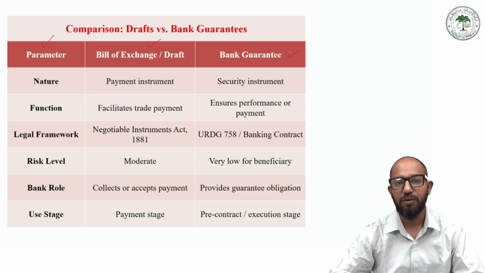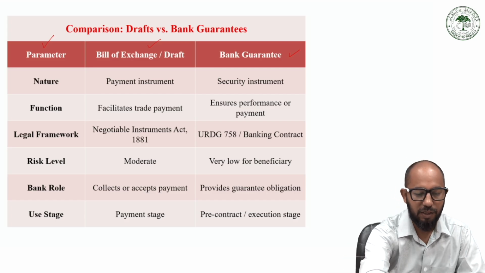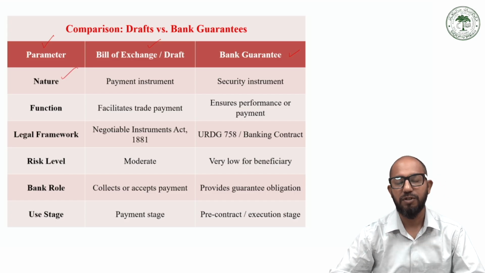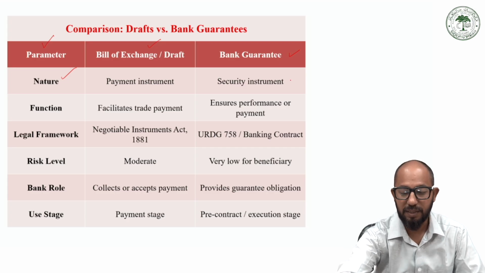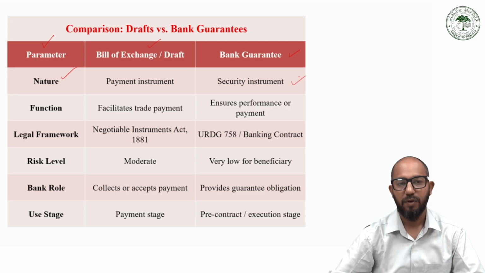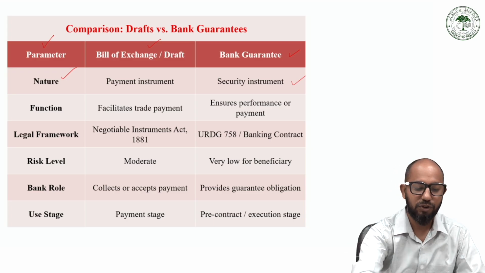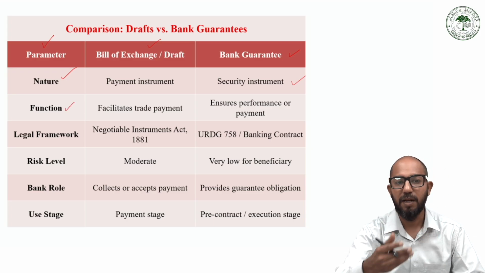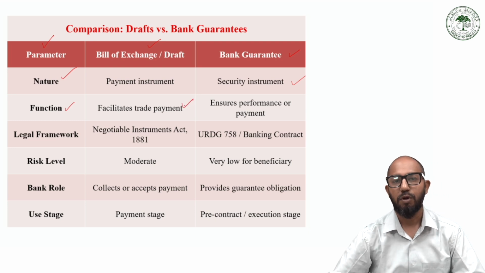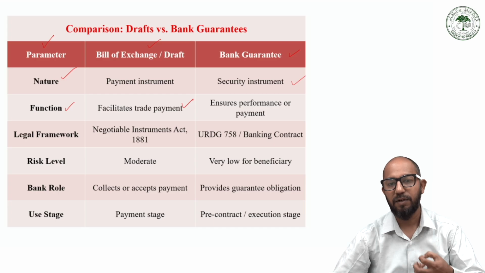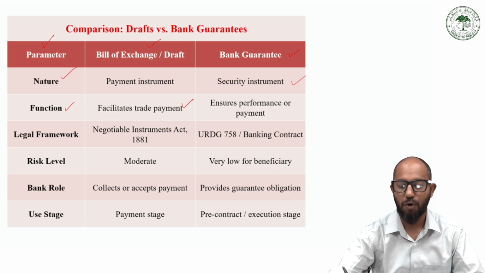With respect to the first parameter, that is nature, a bill of exchange is a payment instrument. On the other hand, a bank guarantee is considered to be a security instrument. With respect to the functional parameter, a bill of exchange and draft both facilitate the trade payment. On the other hand, a bank guarantee ensures performance or payment.